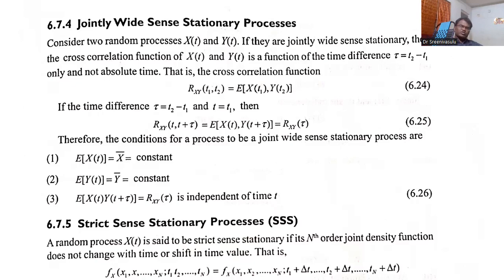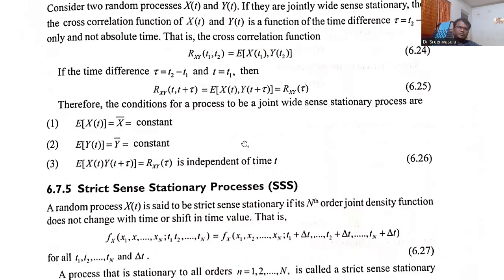Now again you need to check two random processes. First one, x of t: we calculate the mean value and it must be a constant. Second random process y of t: the expected value of y of t is also a constant.